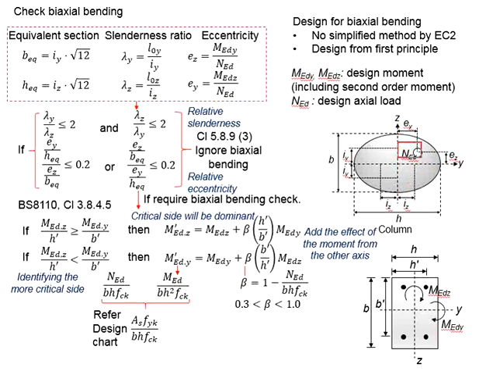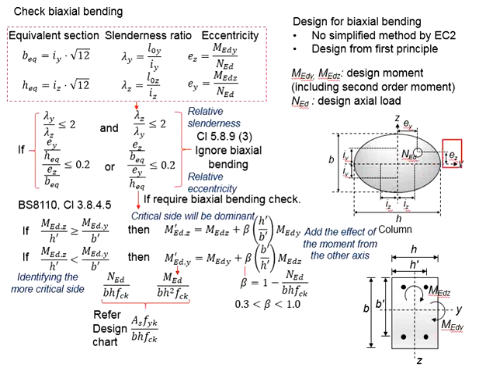Assuming now your NED is not acting exactly onto the centroid of the section. This is due to the existence of the moment acting onto the column, which will give you a resultant NED slightly off from the centroid of the column.